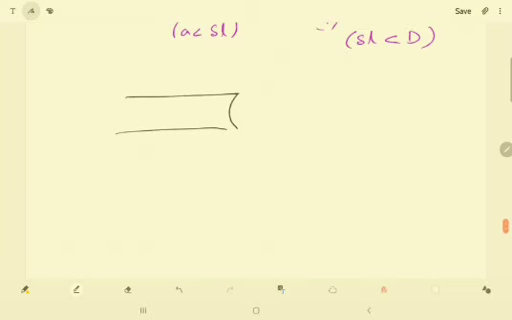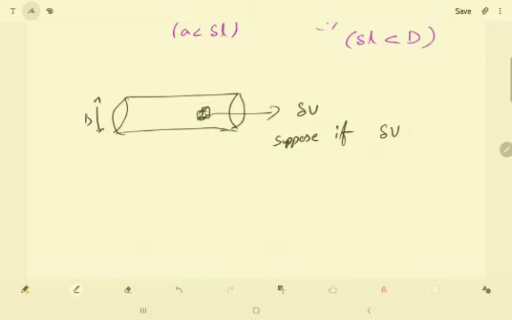Consider a pipe, and in that pipe we are considering a unit mass, and this is the diameter D. Here its volume is delta V. Suppose delta V is comparably equal to D cube, that means delta L equals D.